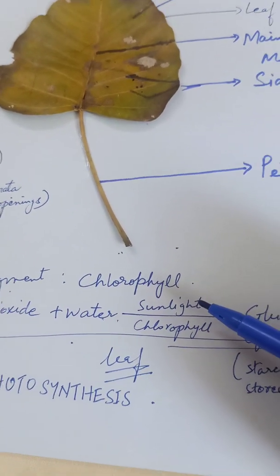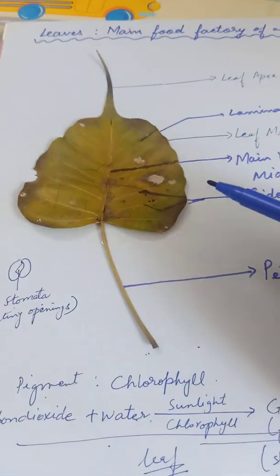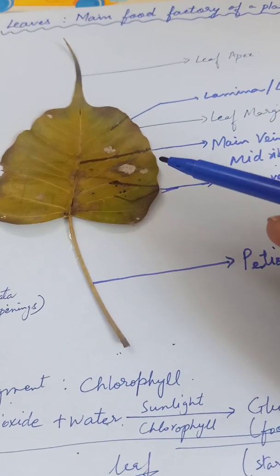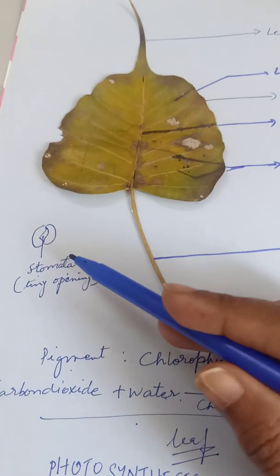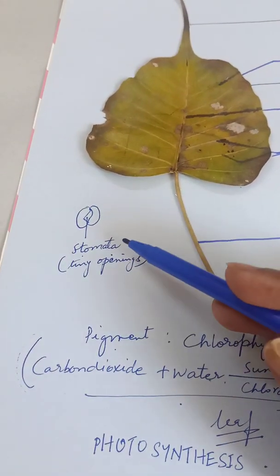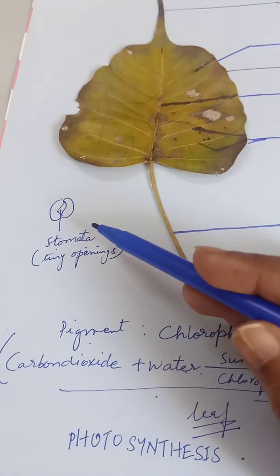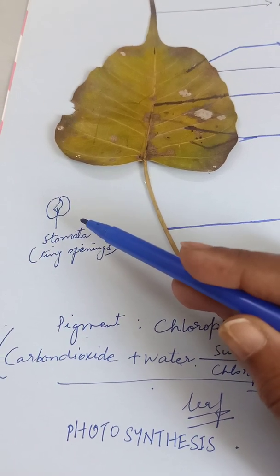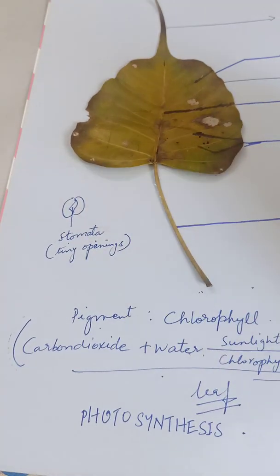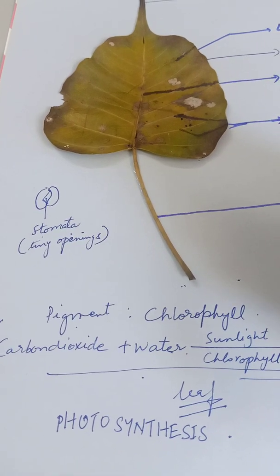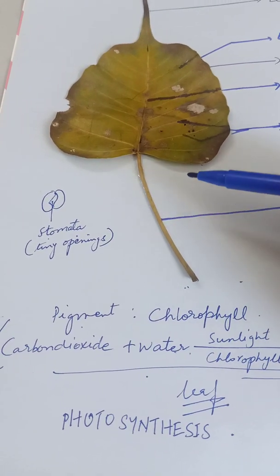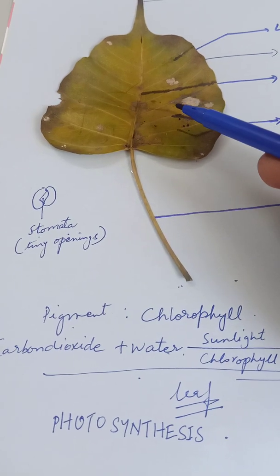Chlorophyll. Now as I have already said, the leaf is the food factory, that is, the food for the whole plant is made in the leaf. From these tiny openings, the carbon dioxide gas from the surroundings enters the leaf. From the root of the plant, water and minerals are absorbed and passed through the stem and go into the leaf.